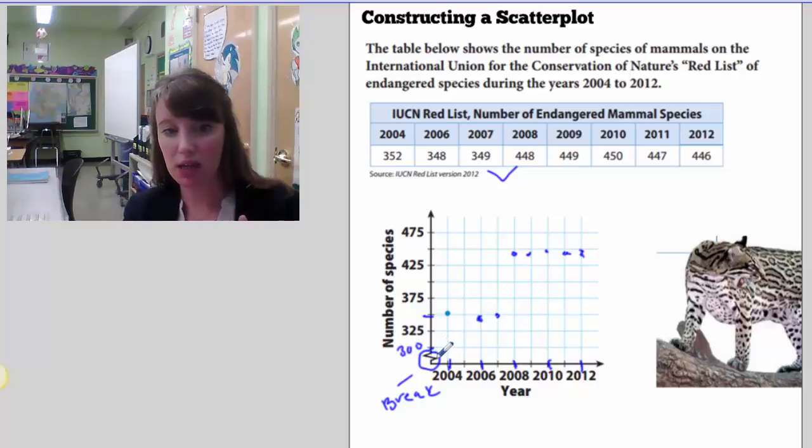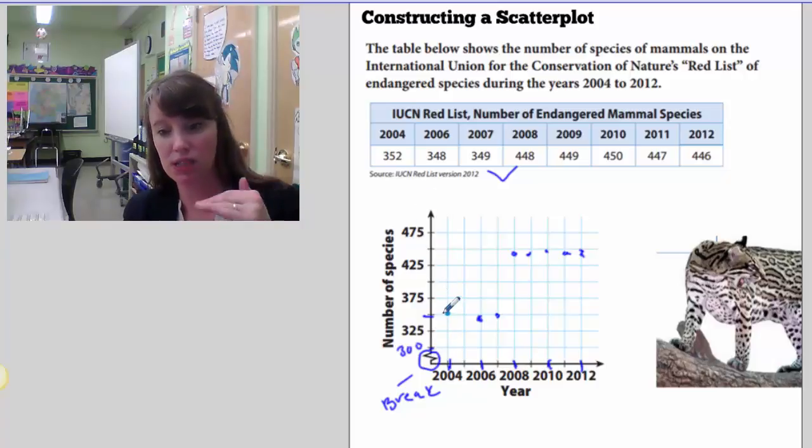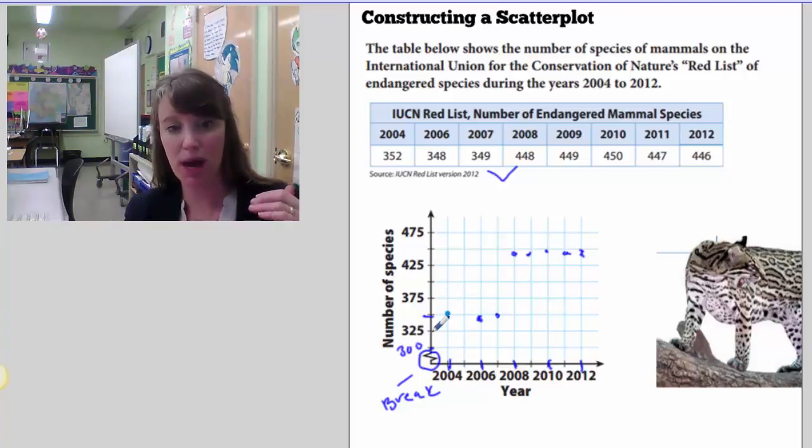So this is okay to do: to start from 0 and go to 300 and then jump up 25 every time. What you cannot do is go from 0 to 300 and then jump up in different increments between 300 and the rest of the dashes. Once you've established the pattern of increasing by 25 every time, you can't establish a different pattern. You can't have another break, for instance.